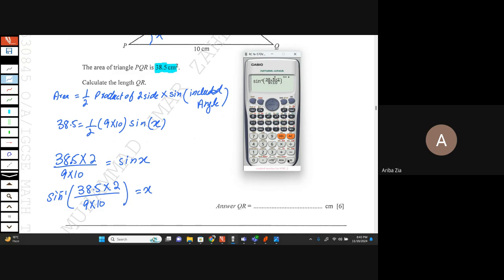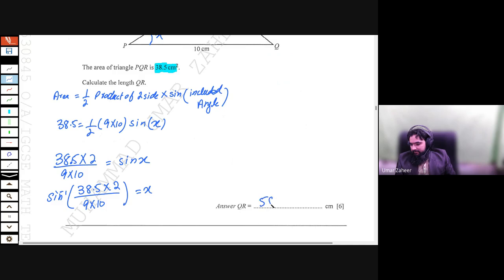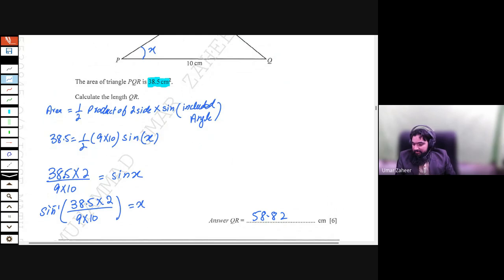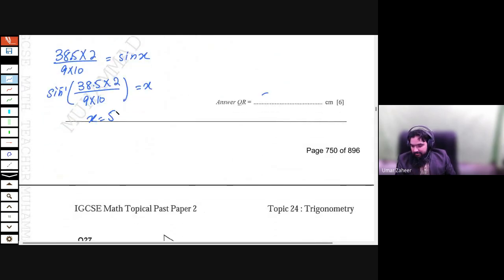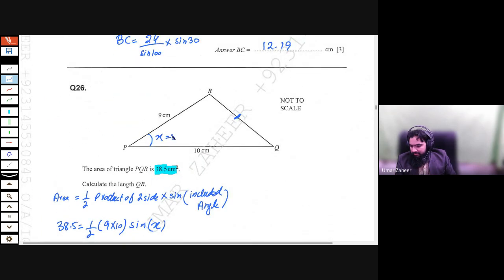So it's 58.82. All right. 58.82 centimeters. Oh, sorry, not centimeter, it's angle. We just have to find angles. So 58.82 degree. So we'll get the angle.